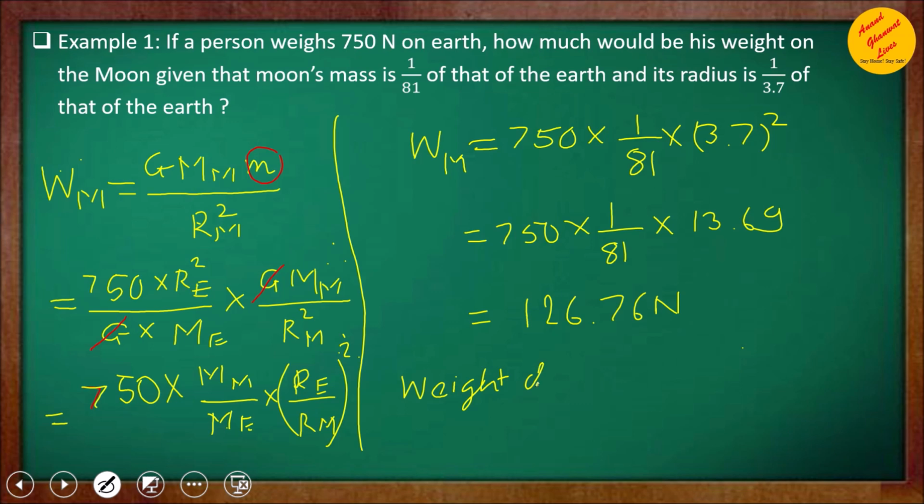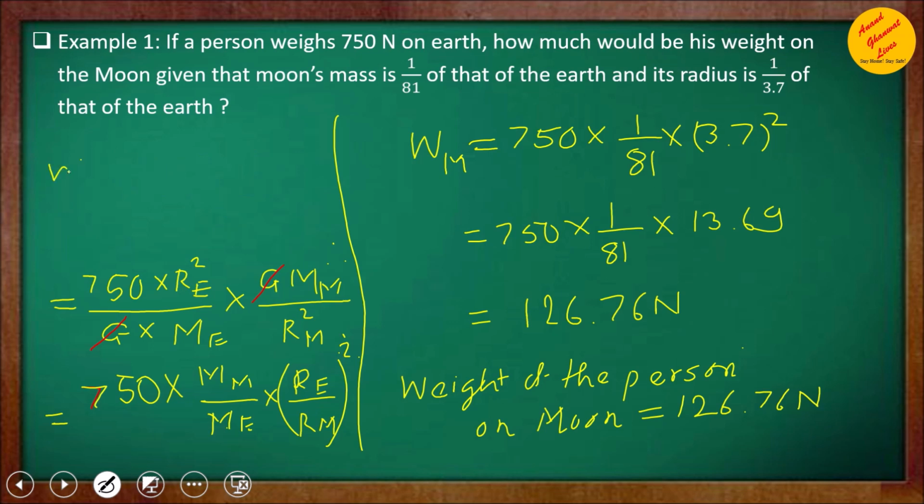So the final answer: the weight of that person on the moon is equal to 126.76 Newton. Now compare the weight of the person on Earth and the weight of the person on the moon.